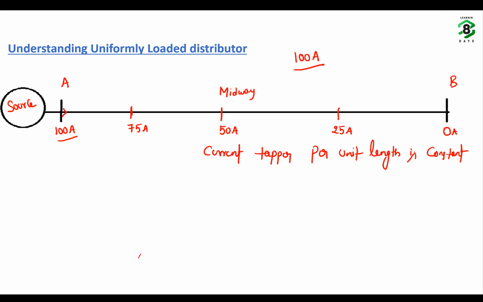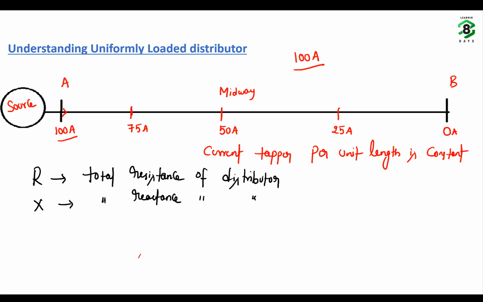In this case, let capital R be the total resistance of the distributor, and capital X the total reactance of the distributor. Let cos phi be the power factor of the load.